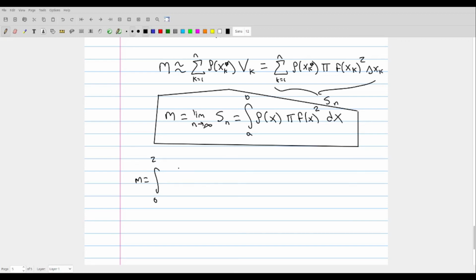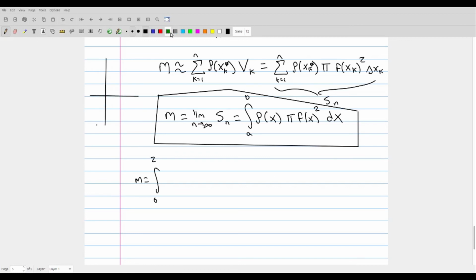And let's say it's the solid of revolution under the function 5 minus x squared, just for argument's sake.